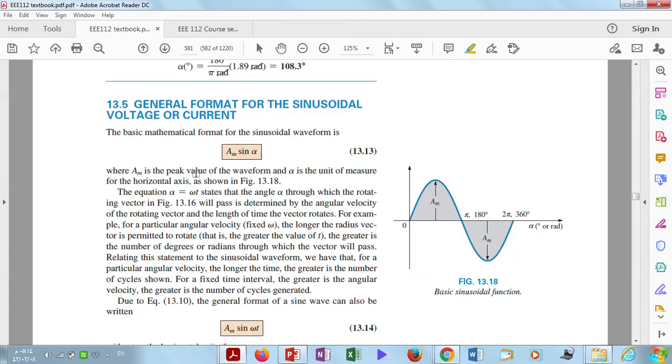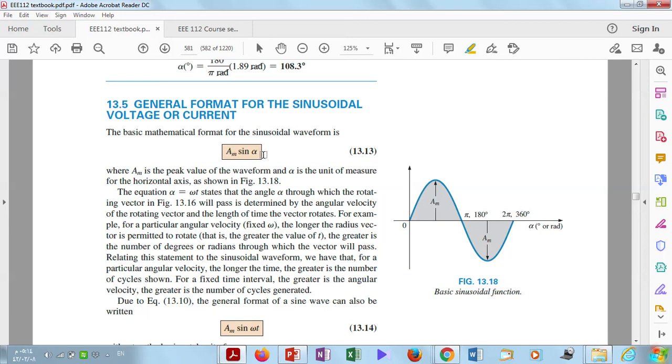Now we'll talk about the general format for sinusoidal voltage or current. In this course, we will concentrate on the sinusoidal waveform for AC current and voltage.